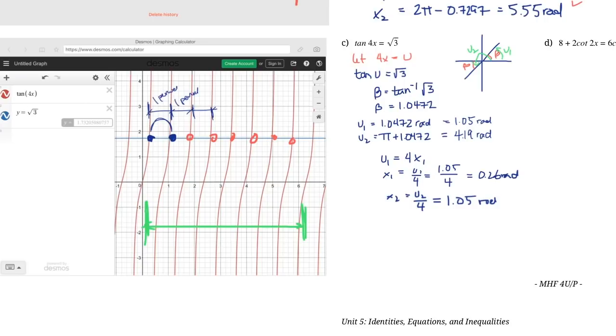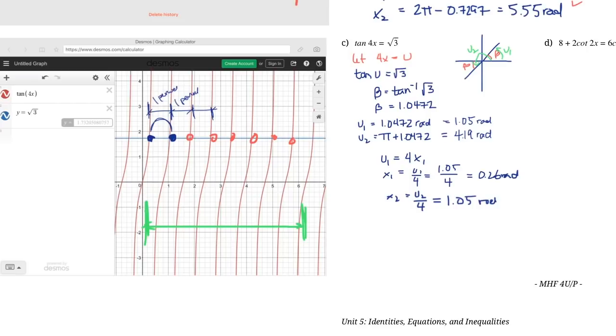How much is one period of a regular, untransformed tan function? Well, if you remember from previous lessons, the period of sine and cosine is 2 pi. It's one full cycle of the circle. But tan actually repeats after pi. The cycle is only essentially 180 degrees. So regularly, tan has a period of pi.